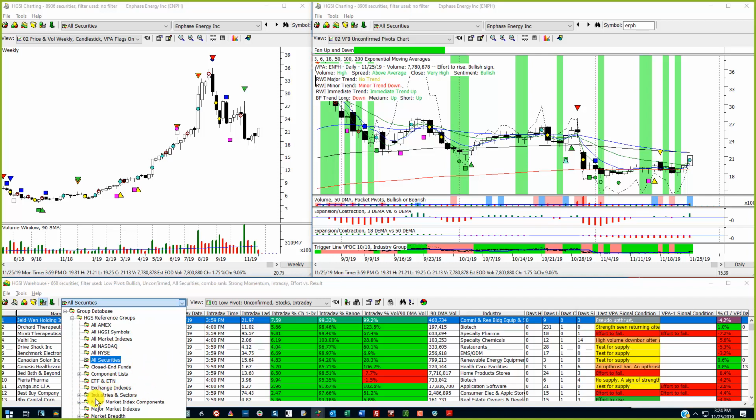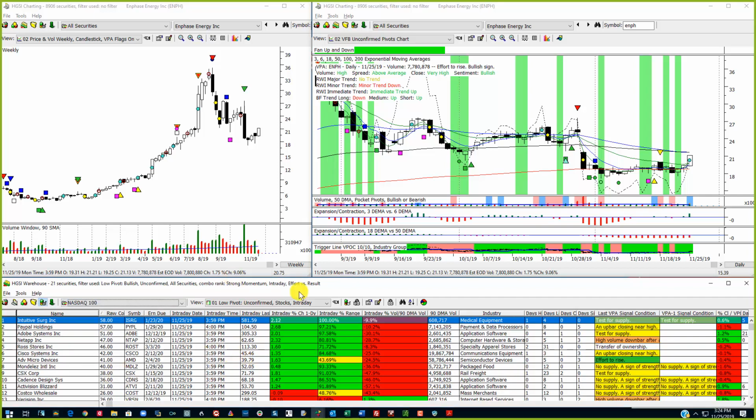Well, you can do it on all NASDAQ. Go to the major markets components and use the NASDAQ 100. And this is where the action is. You can see only 21 securities pass this.